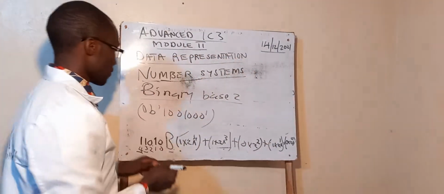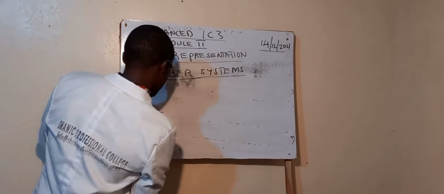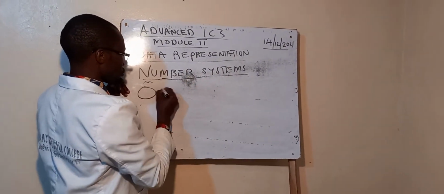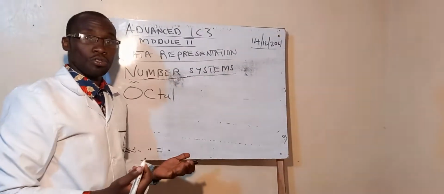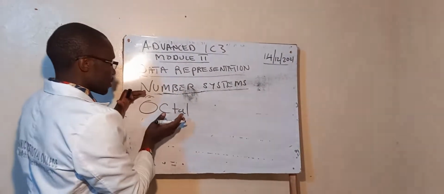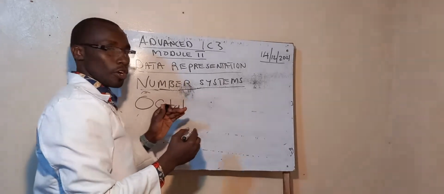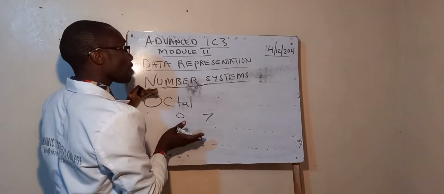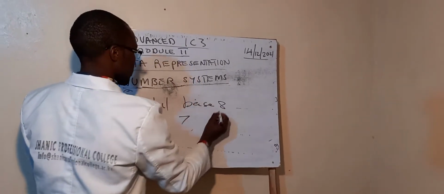That is, this is what I mean. We are moving from binary to octal. We have said octal takes the number system of 0 to 7, so it has base 8.